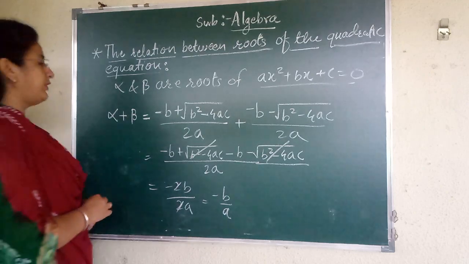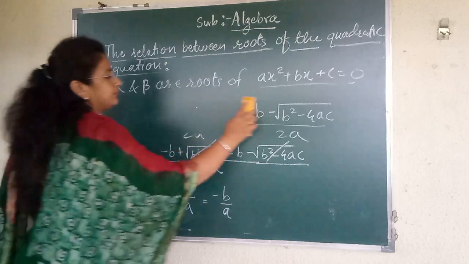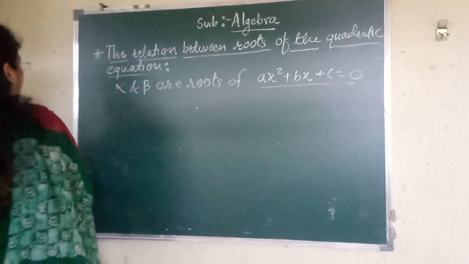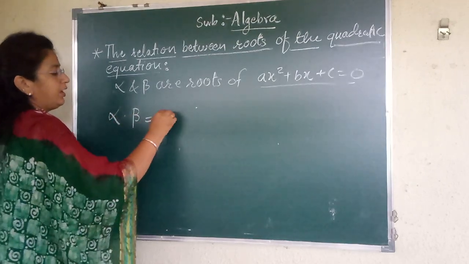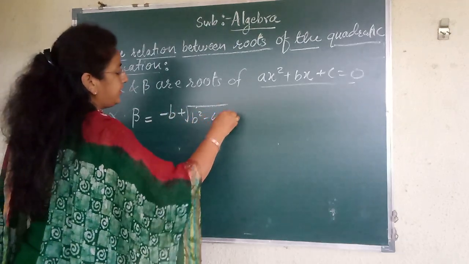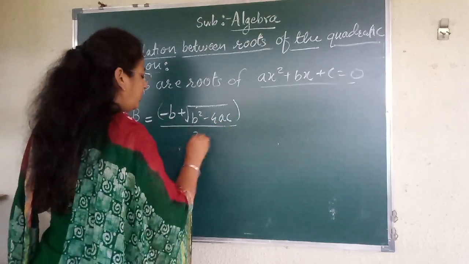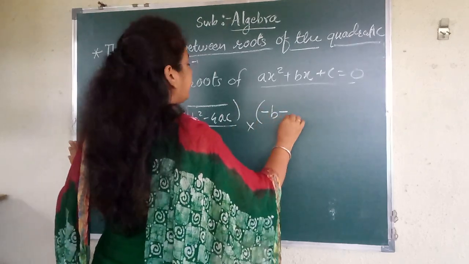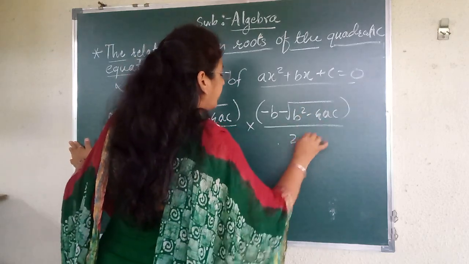Now the second relation we will find. Alpha into beta is equal to (negative b plus root b² minus 4ac) upon 2a, into (negative b minus root b² minus 4ac) upon 2a.